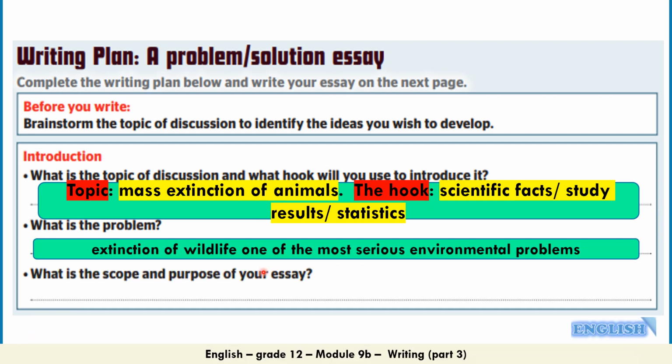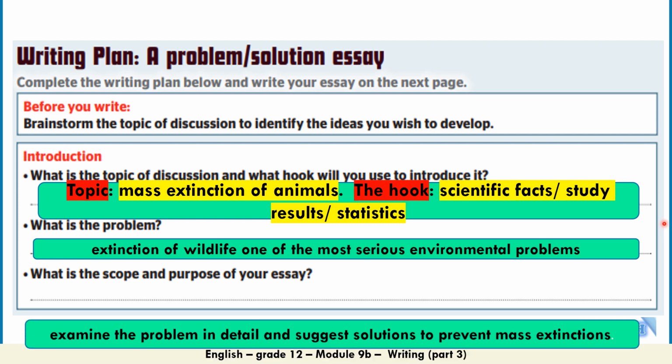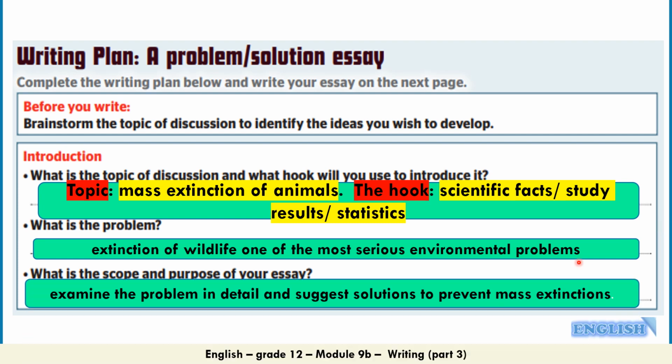Extinction of wildlife, one of the most serious environmental problems. What is the scope and purpose of your essay? Examine the problem in detail and suggest solutions to prevent mass extinctions. Great.